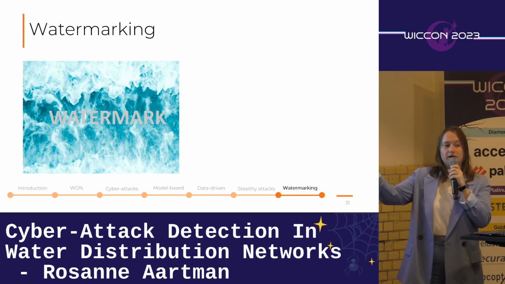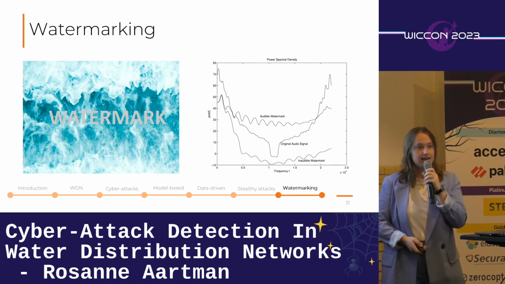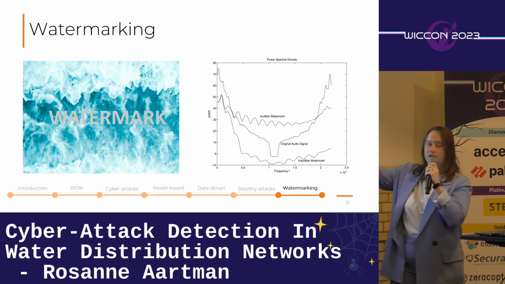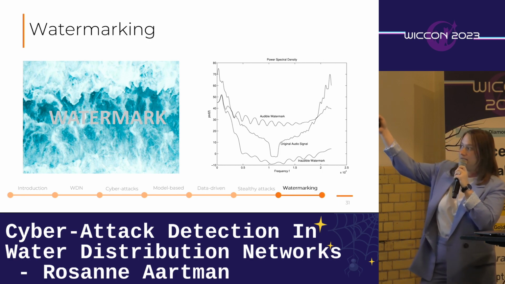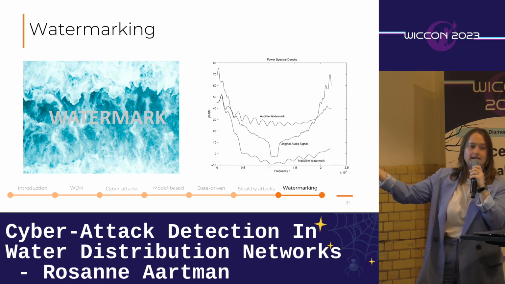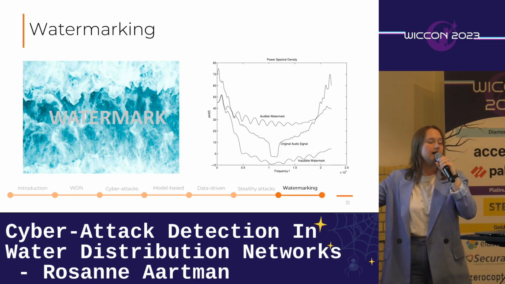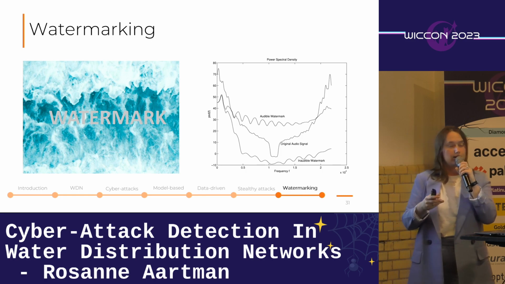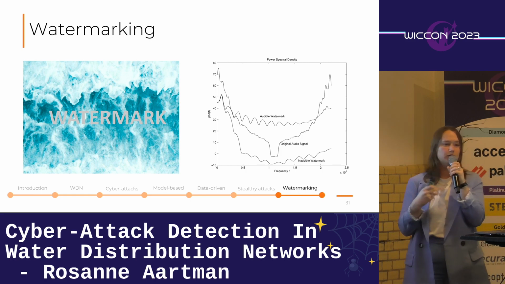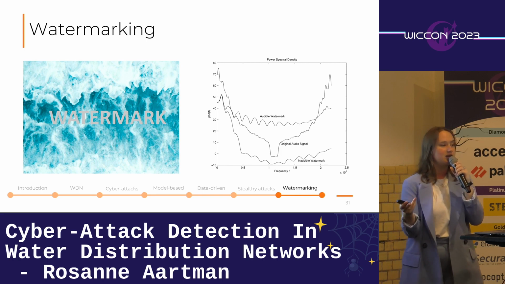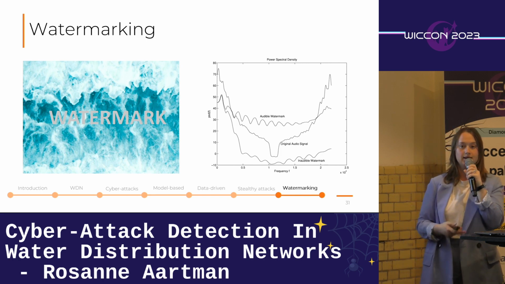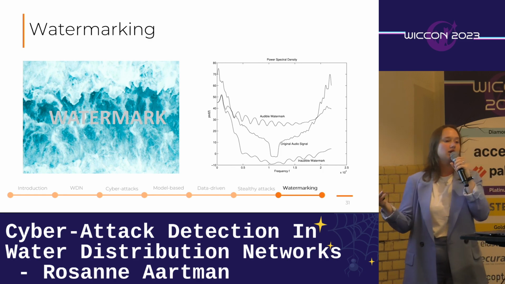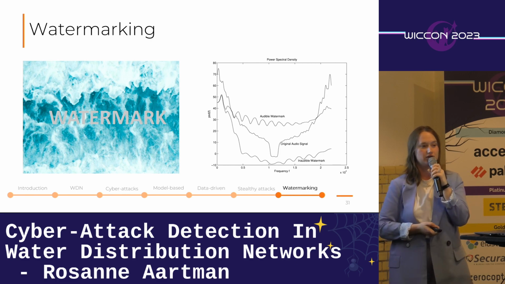This is a static watermark, but we can also apply a dynamic watermark over, for example, an audible signal. By having a lower power spectral density, we can apply an inaudible watermark over our signal. And the thing is, we know what our watermark is, but the adversary does not know what our watermark is. And to be more protective, we could also change this watermark over time.